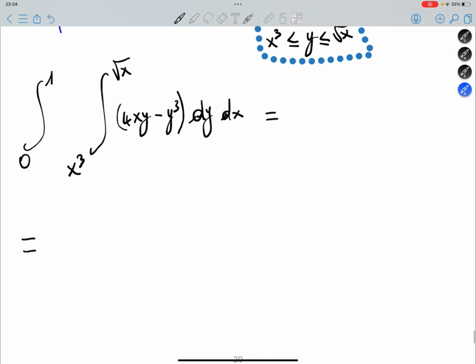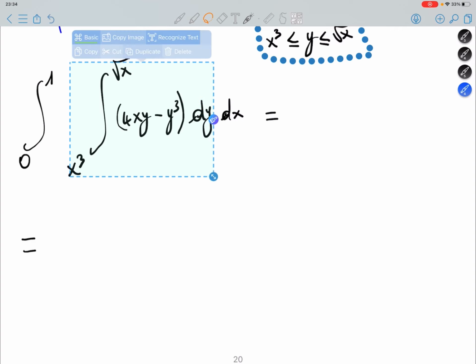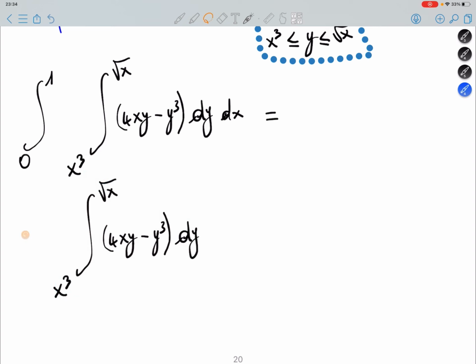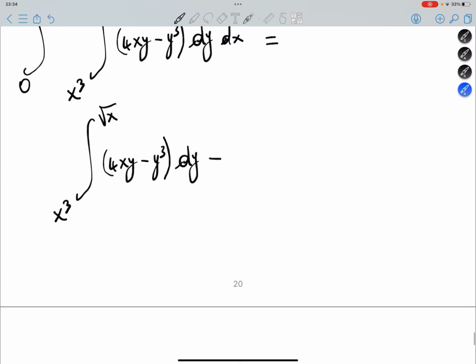First, let's do the integral with respect to y. Since we're integrating with respect to y, everything in front of the y, in this case the 4x, is going to be a constant.